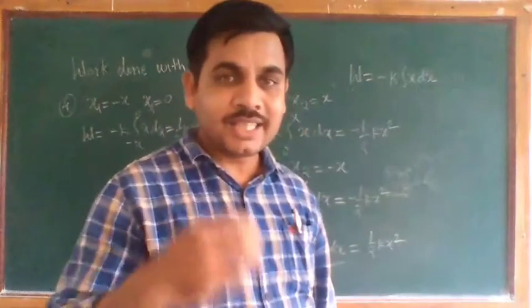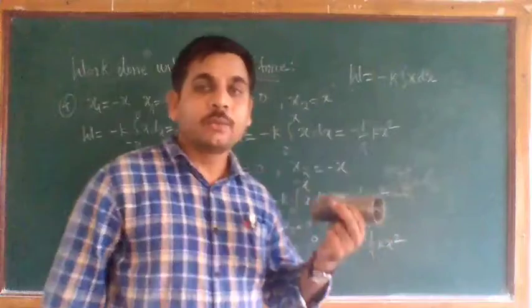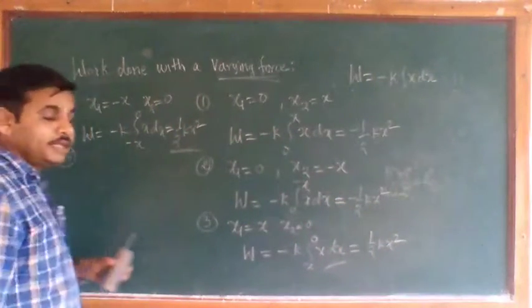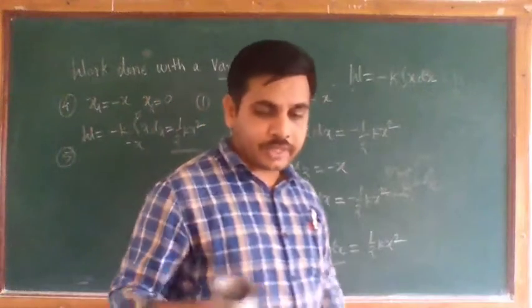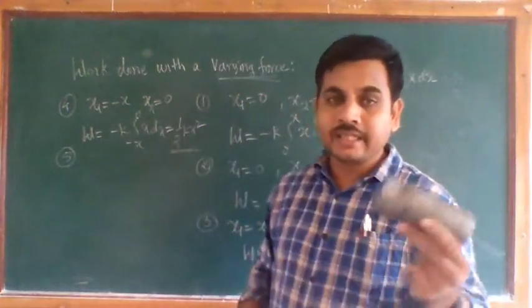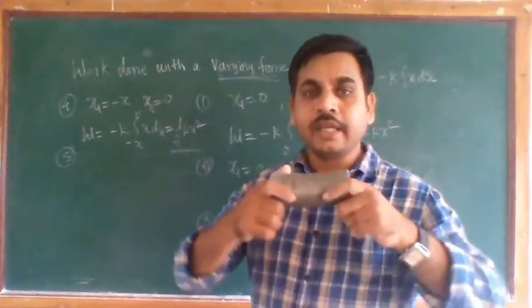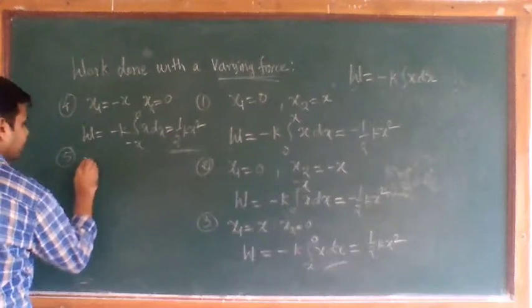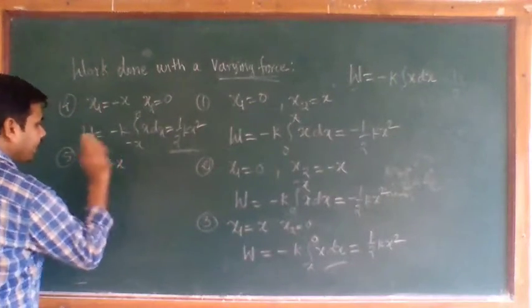Now the next case, which is the fifth. In the fifth condition, we assume that initially the spring is in the compressed state, so x1 is equal to minus x.